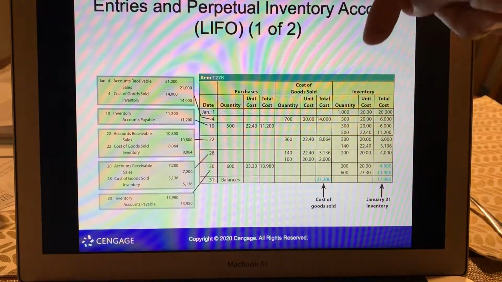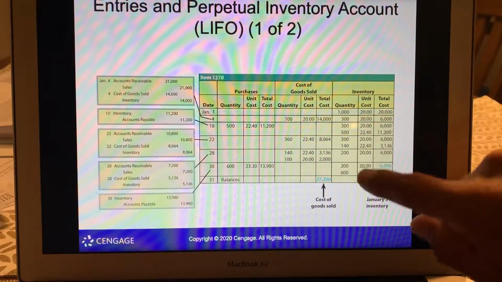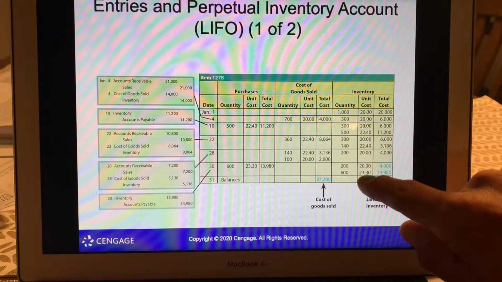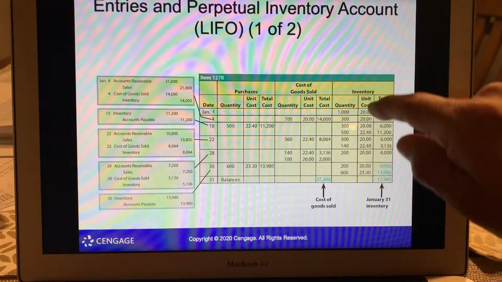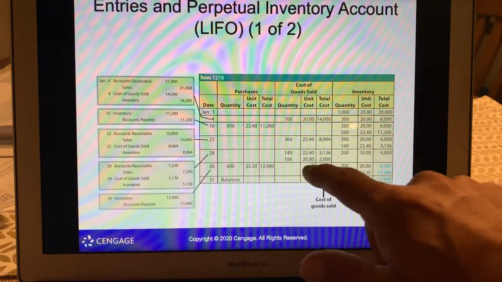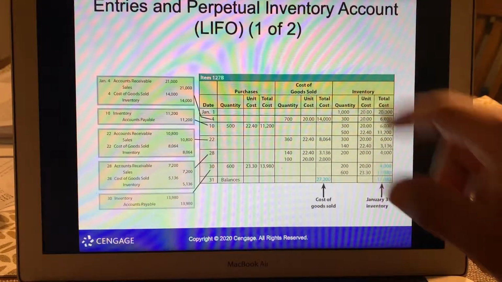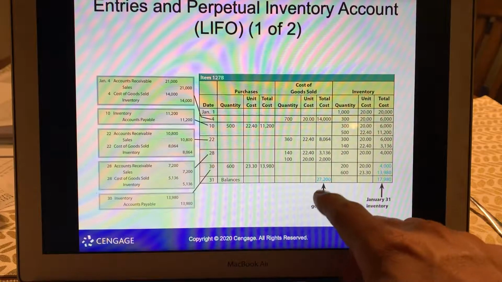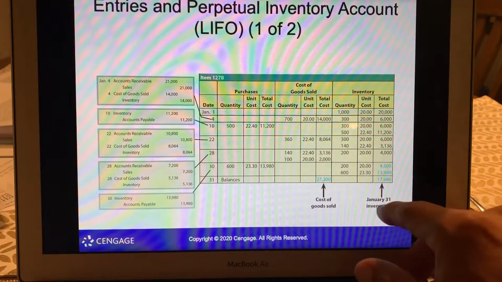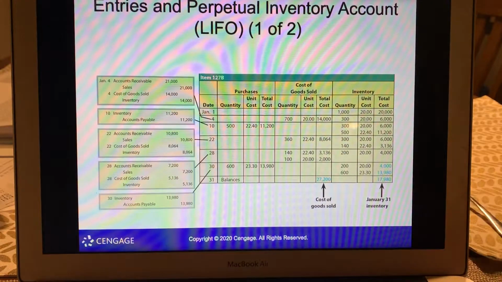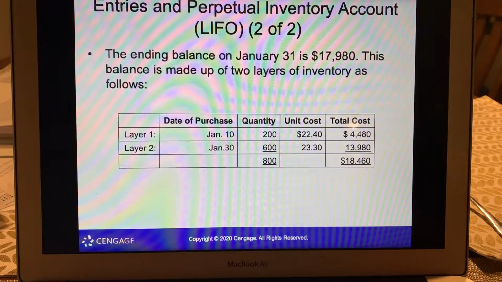So FIFO, we did the first ones and went down. LIFO, we go from the bottom, so the 23, and then we go up and take care of that inventory first. So our cost of goods is $27,200. Our ending inventory will be $17,980.